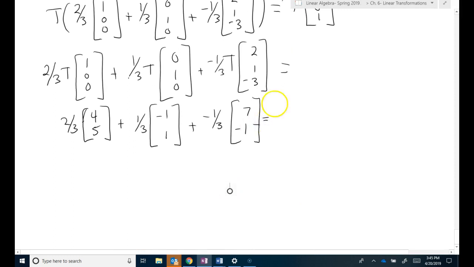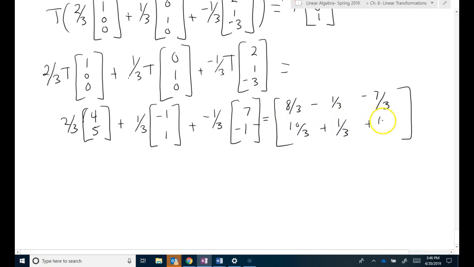Okay. So what does that mean? Well, I'm going to write them out. That's going to give me 8/3 minus 1/3 minus 7/3, and then 10/3 plus 1/3 plus 1/3, which equals (0, 4).